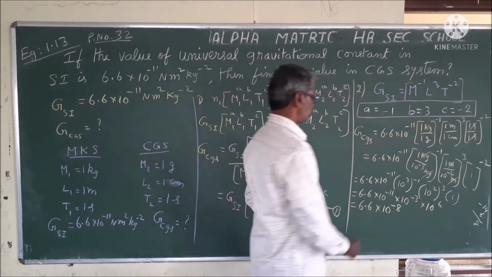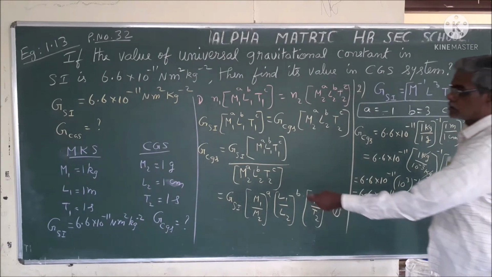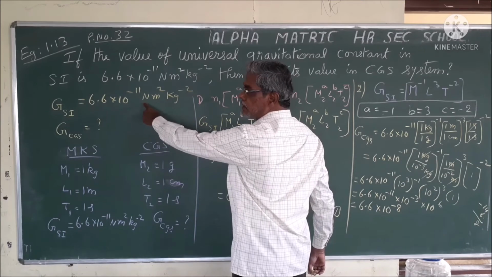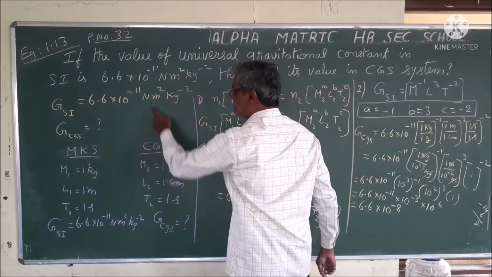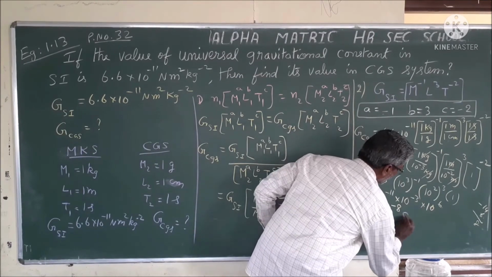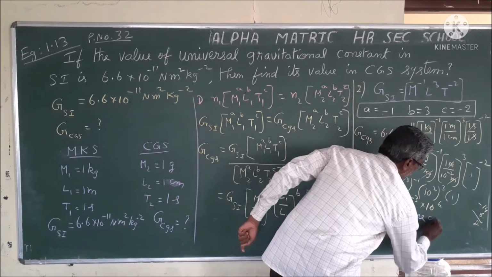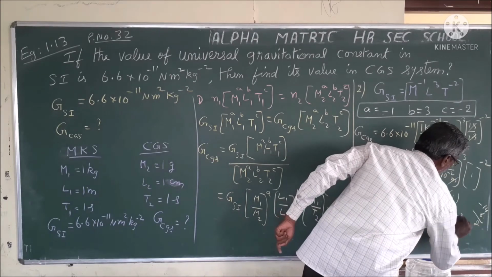Now the meter is a unit in the MKS system. If I want to convert it into CGS, I will write it as dyne. Meter means centimeter square, kilogram means gram.